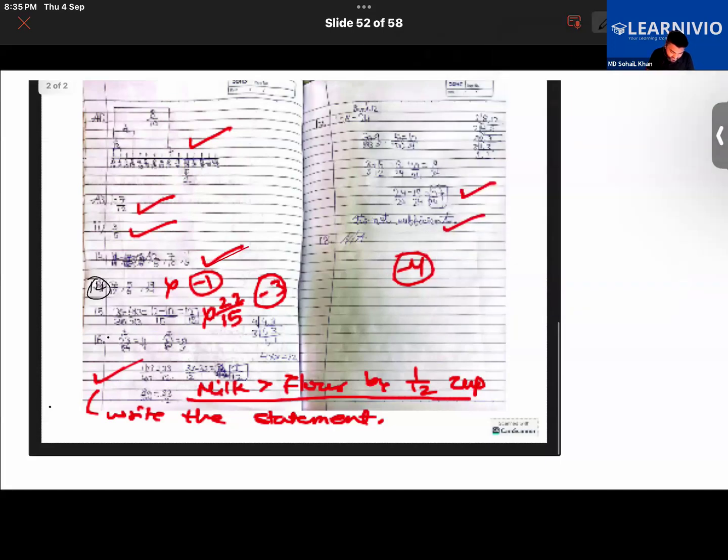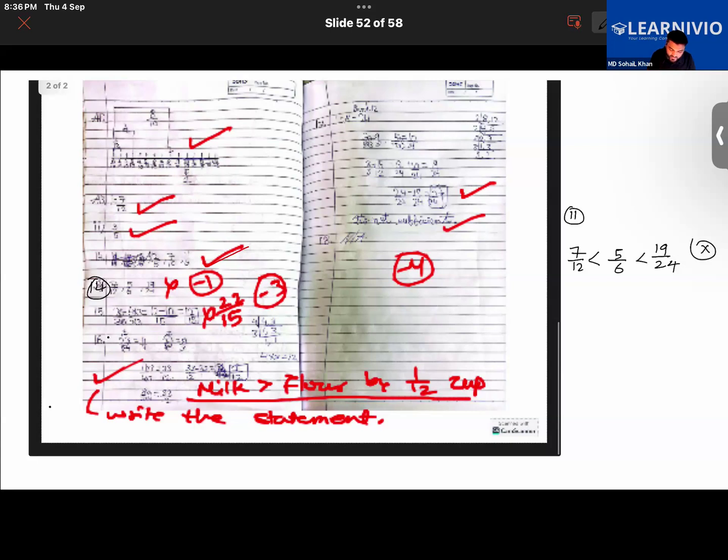You have written first 7 upon 12, then 5 upon 6, and then 19 upon 24. But there's an issue with it.